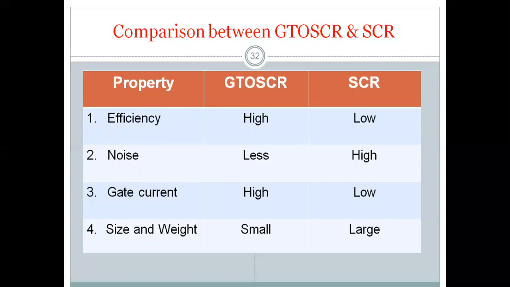And GTO SCR has higher values of latching and holding currents. Then regular SCR has lesser value of latching current and holding currents. And finally, GTO SCR has higher gate circuit losses and regular SCR has less loss in gate circuits.